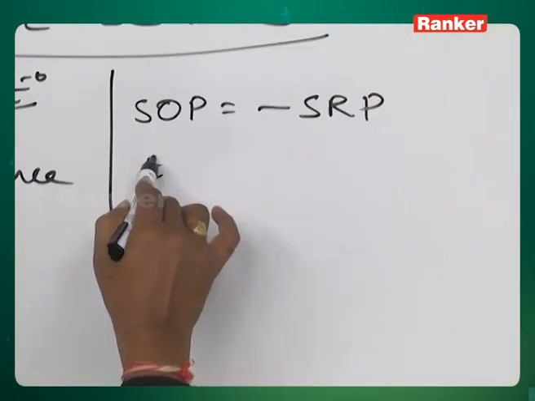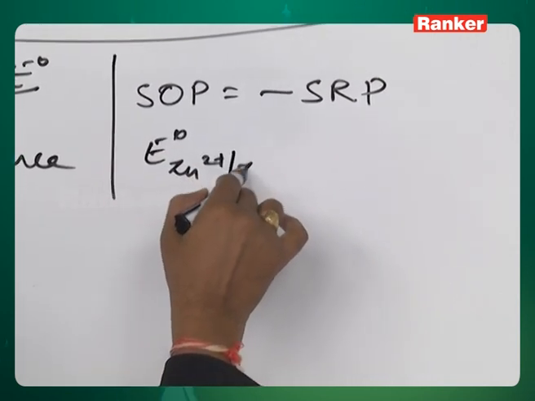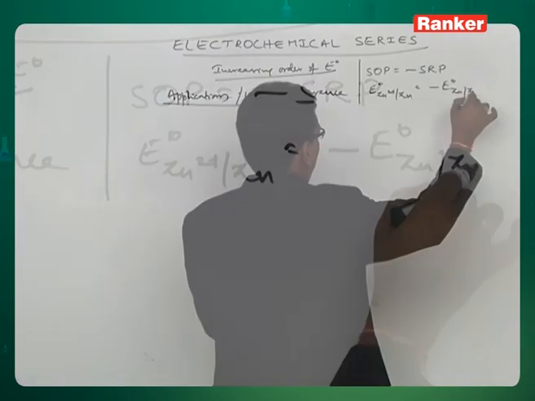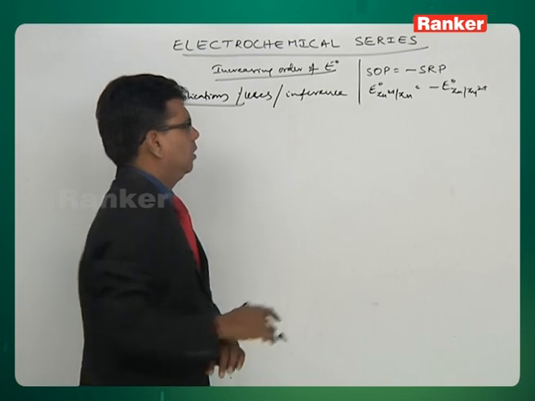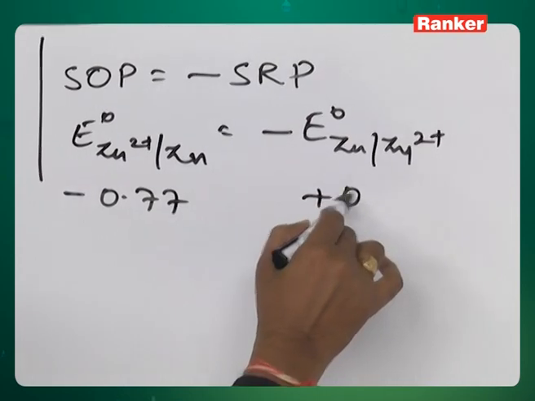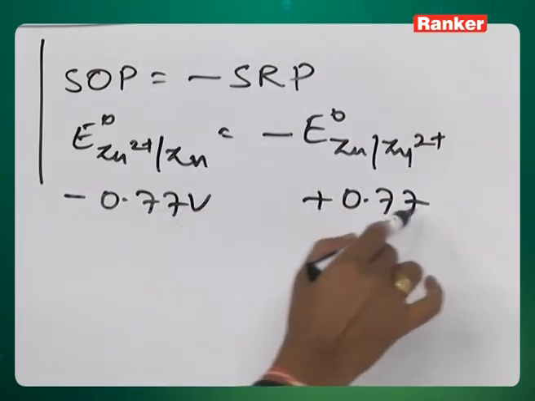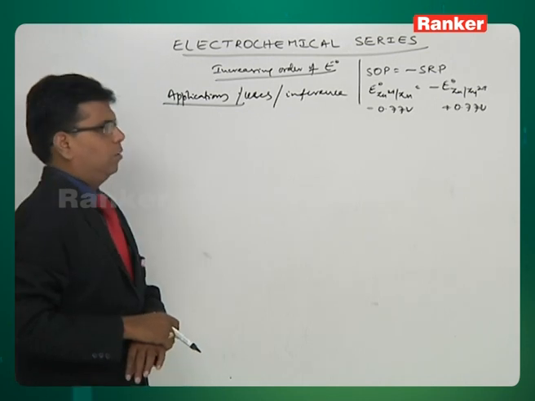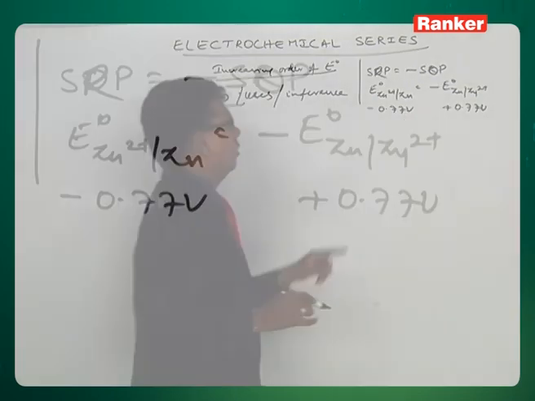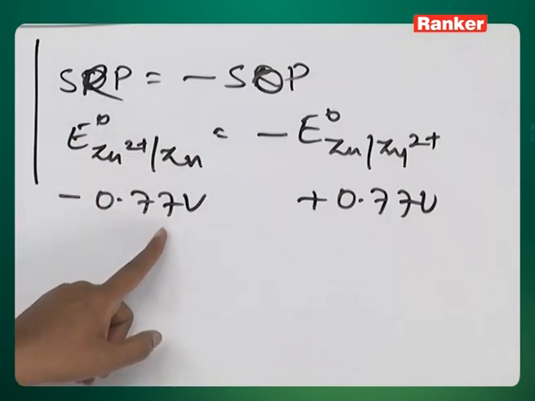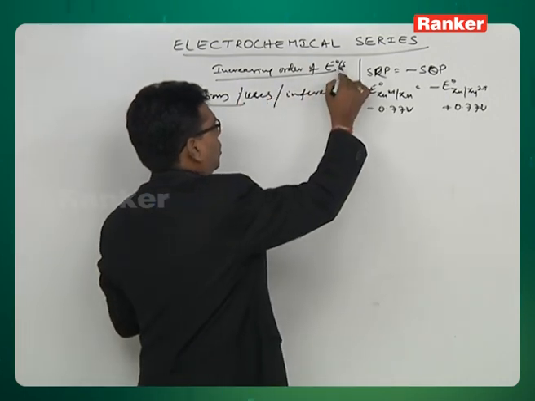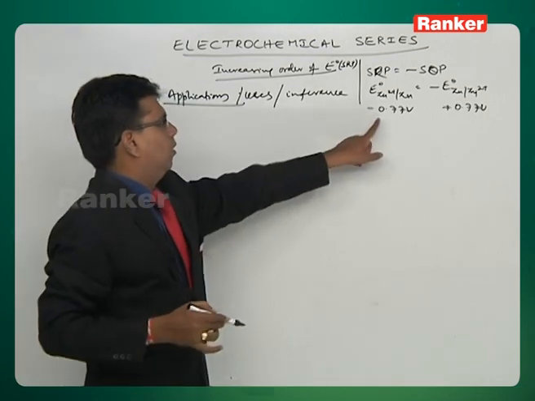This value is minus 0.77, this value is plus 0.77 volts. So, what we are talking about is always increasing order of E naught, meaning SRP.